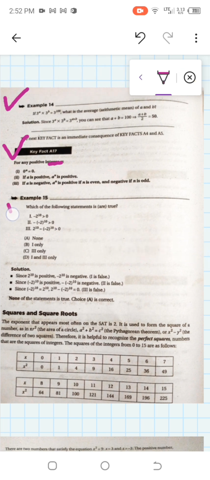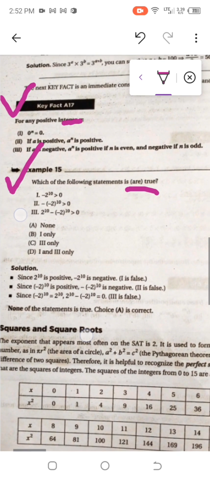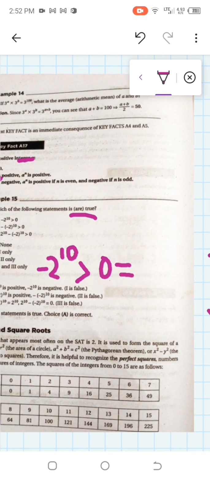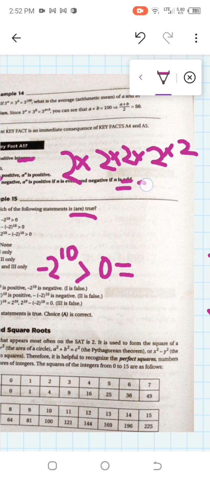Which of the following statements are true? Now we have to find which of these statements is true and which is wrong. As you can see, 2 power 10 is greater than 0. If you do the power, that will be 2 into 2 into 2 into 2 into 2, so that will be 32, and again 2 into 2 into 2 into 2 into 2, that will be 32.